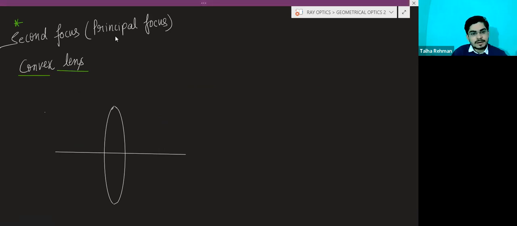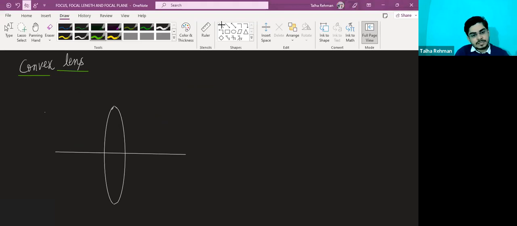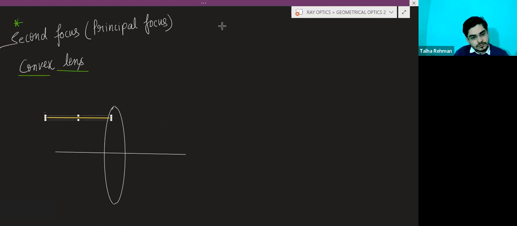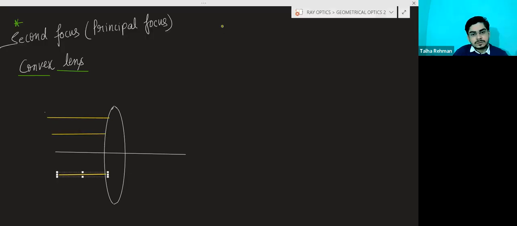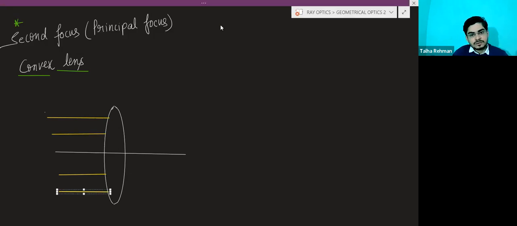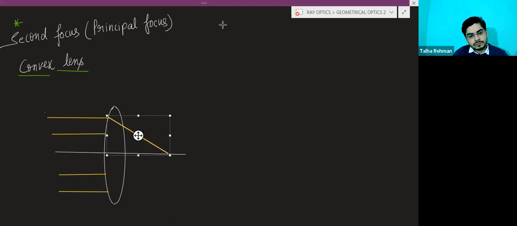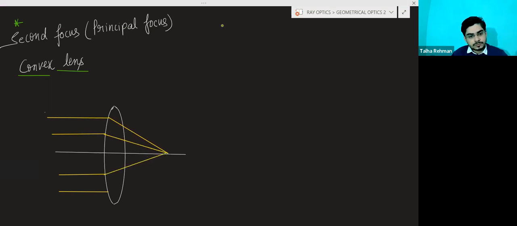If rays of light are parallel to the principal axis like this, after refraction from the lens they will meet at a common point, and that common point is known as the principal focus or the second focus.